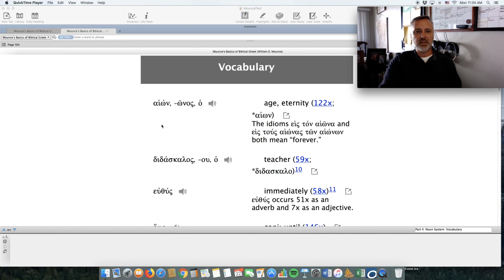And then aiōnos, ho aiōn, age or eternity. The idiom eis ton aiōna means forever. So into the age or into the ages of the ages, both mean forever. So that is a vocabulary word you're going to see quite a bit. Okay?